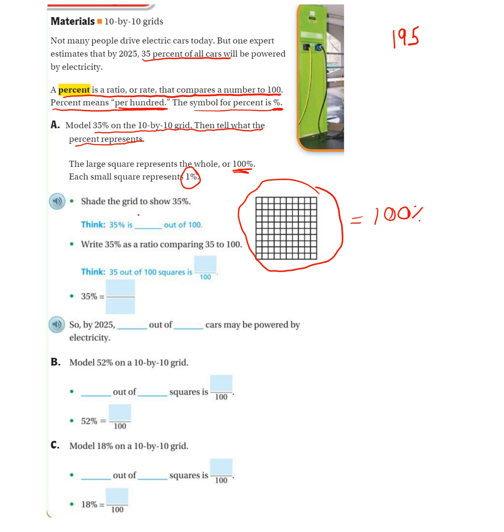Shade the grid to show 35%. So if each one is 1, then each row is going to be 10. So to get 35%, I'm going to shade one row. That's going to be 10. Shade another row.